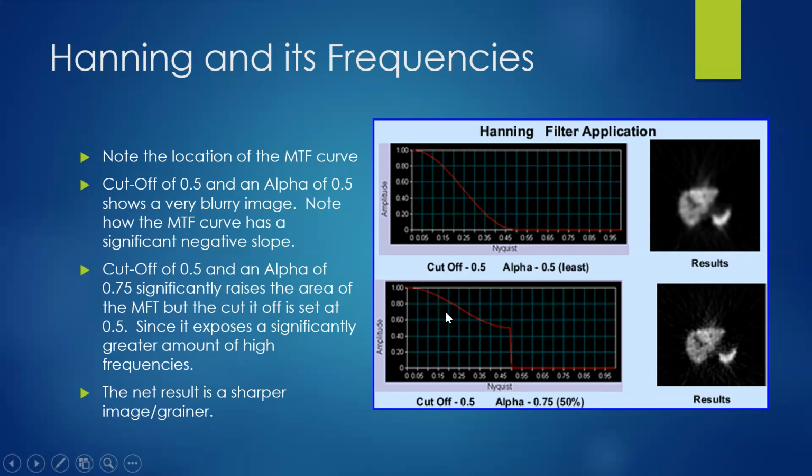But here, the slope of the curve is not quite as negative, bringing in more data, smaller data, but we're still applying the appropriate cutoff frequency at 0.5 cycles. And look what we have over here. We have a more grainy image, maybe also more detail.